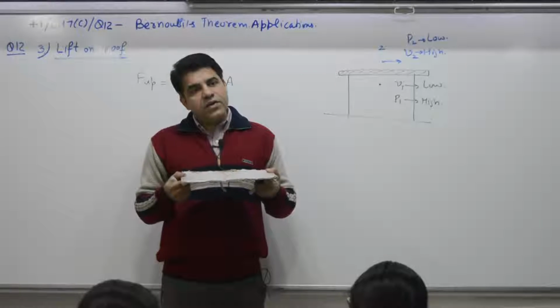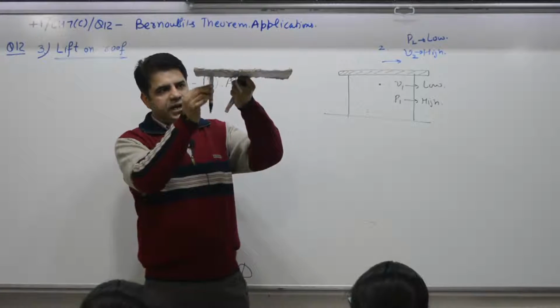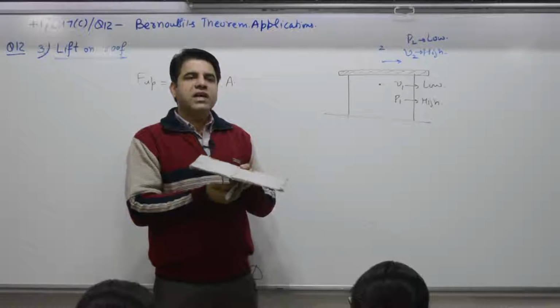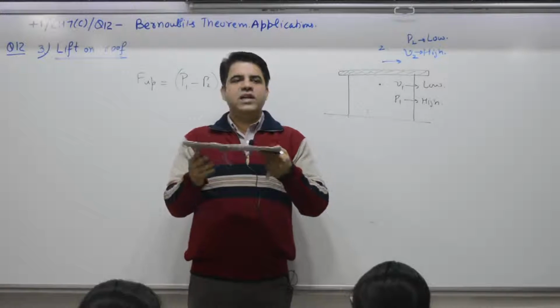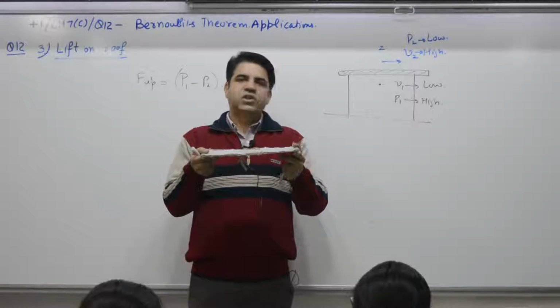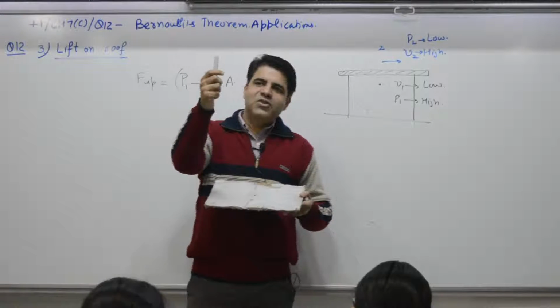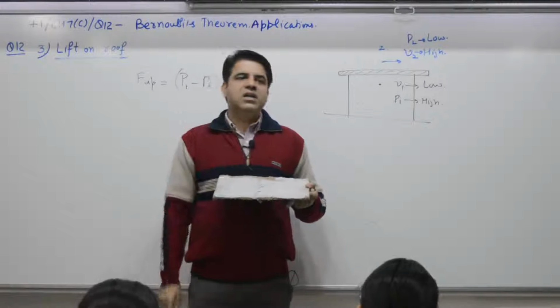Why? Because it is not possible to provide pillars in between. You can give support only at the ends, not in between. Otherwise, you will have to shift from one side of the pillar to the other side to watch.